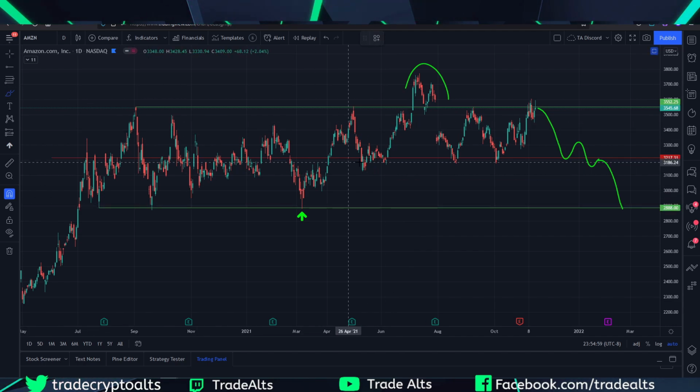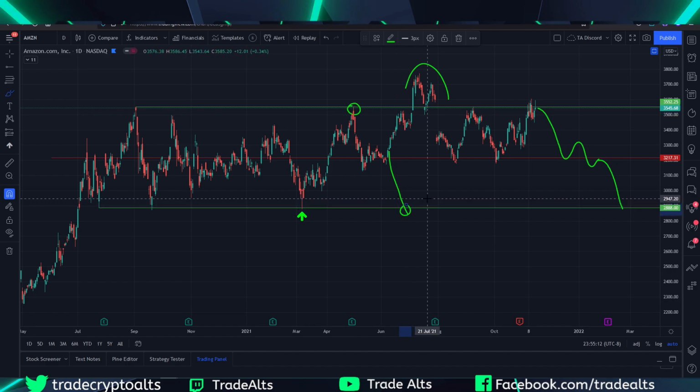If you get this behavior again, comes down. So let's say that you shorted here, right? We shorted here, take profit 1, price moves up, comes back to the range low, take profit 2, I'm out of that trade. If it starts to do this, I can get right back into my short. Am I going to miss out maybe on a percent or two? Maybe.